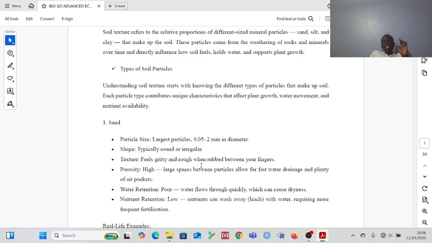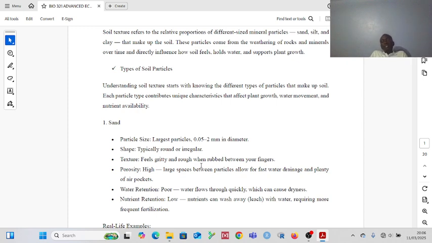Because of the large spaces, sand has many air pockets. Because of the high porosity, its ability to retain water is poor, because the water flows through very quickly.